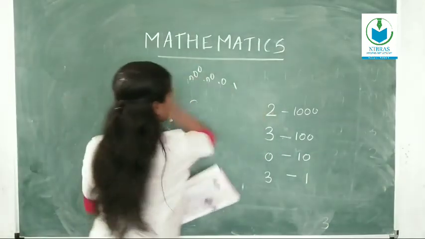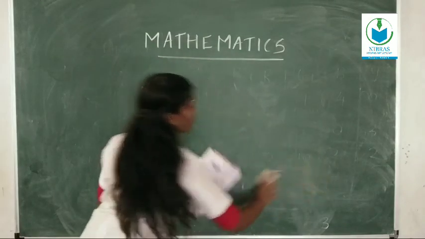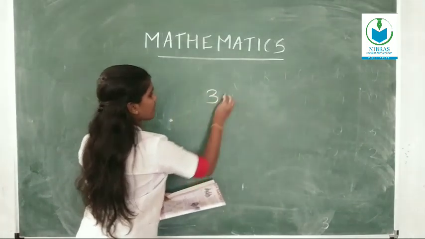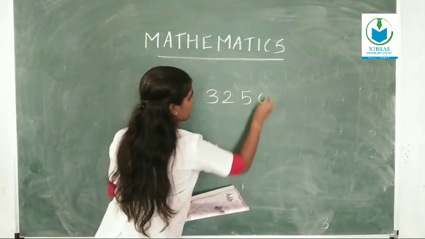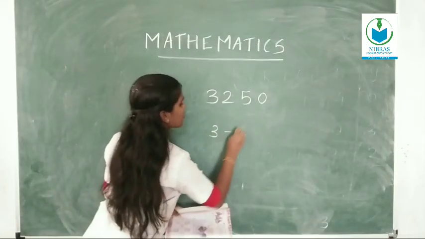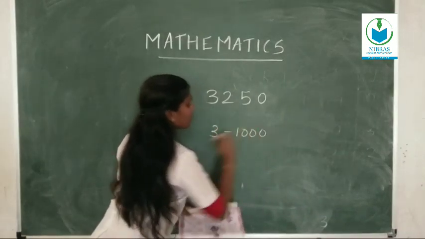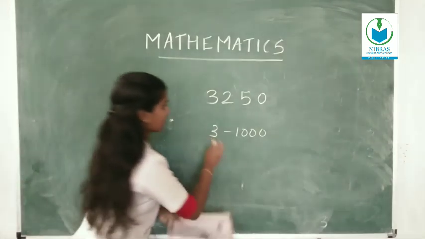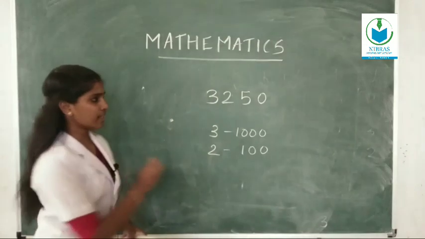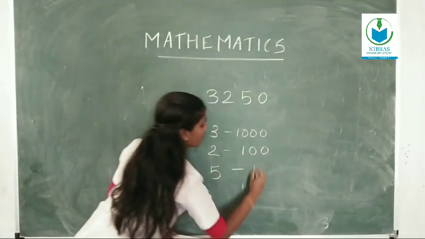Okay, so the price of Abu's bicycle is 3250. For that he gave 3 1000-rupee notes, and then 2 100-rupee notes and then 5 10-rupee notes.